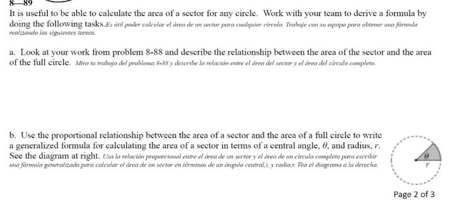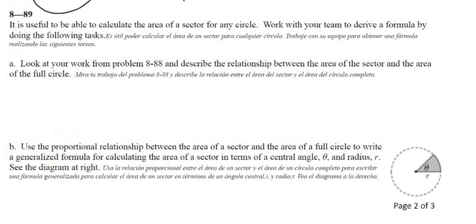So 889 says, it is useful to be able to calculate the area of a sector for any circle. So we're going to look at our work from problem 888 and describe the relationship between the area of the sector and the area of the full circle.